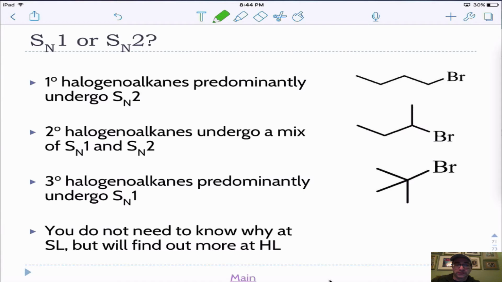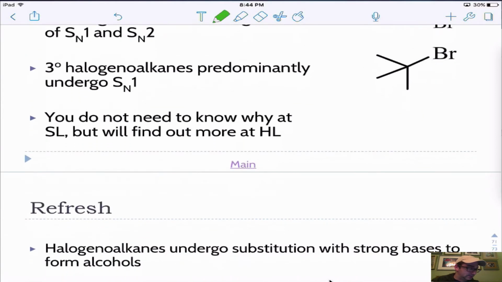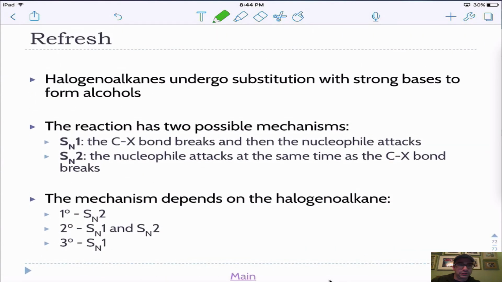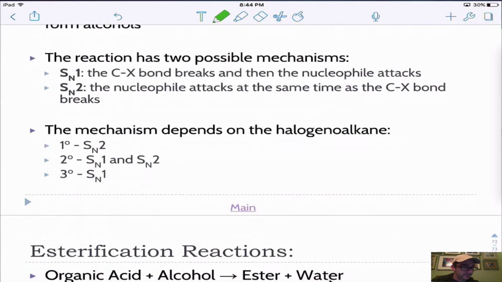If you have a tertiary, you'll have that first type of mechanism that I showed you, the SN1. You don't need to know why this is the case, but it has to do mainly with the stability of the carbocation. Okay, so this is giving you just an overview. This is a good study page to look at.